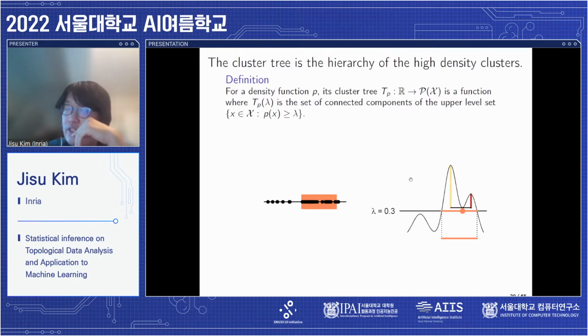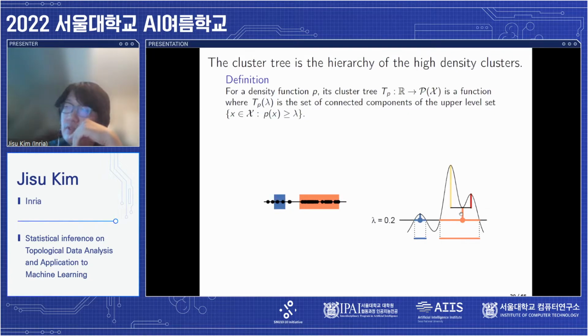To visualize and also to conceptually understand, you represent each connected component as a point. So here you represent this connected component as a point here, and then you represent this connected component as 2 points here and here, and then here.